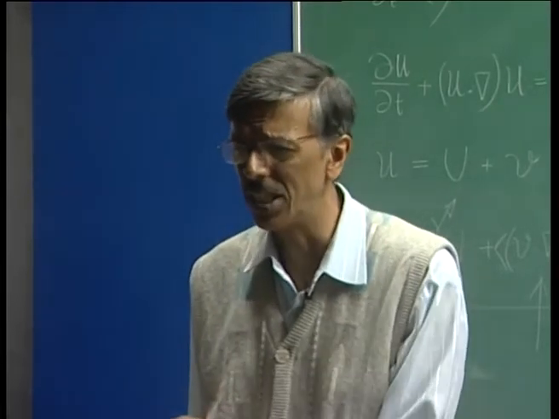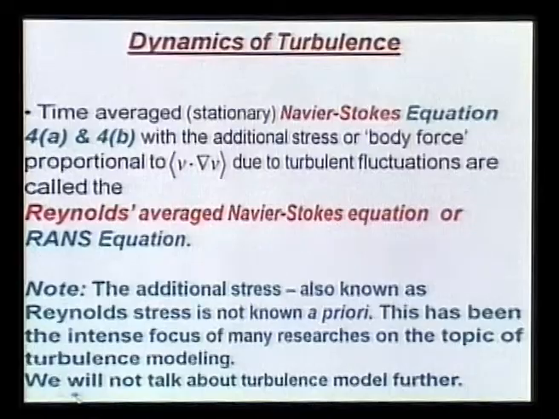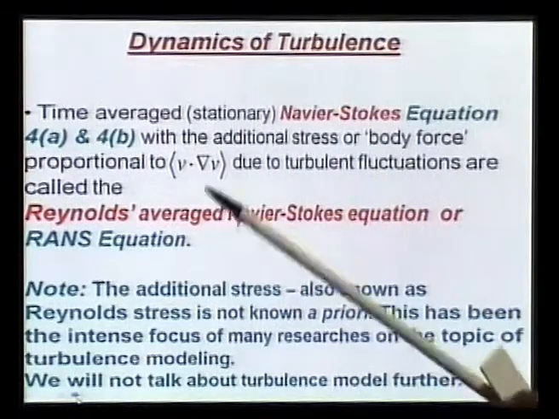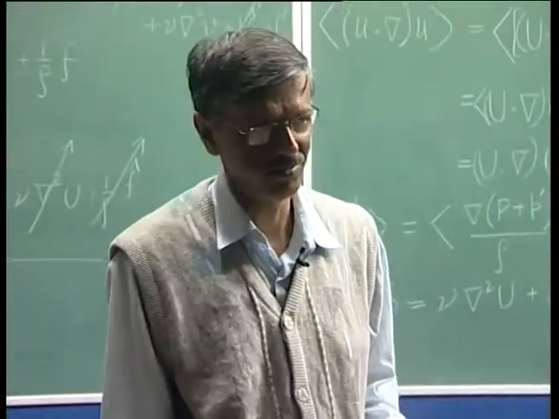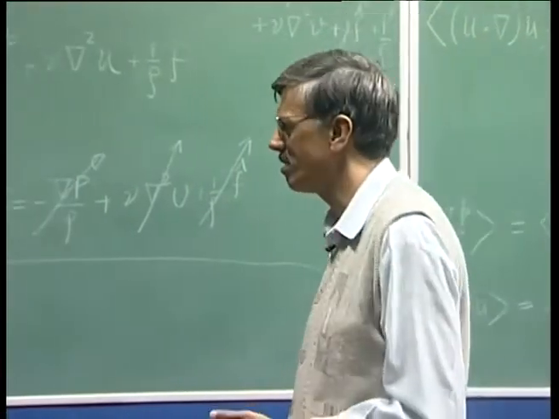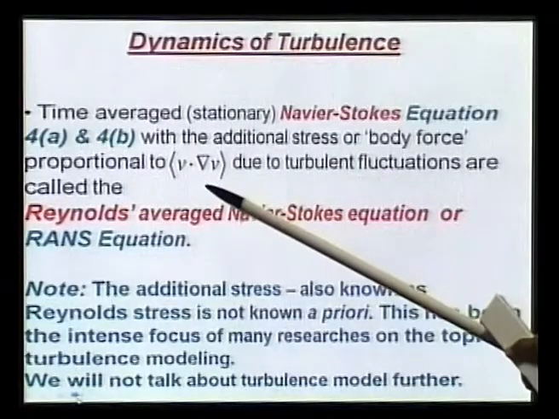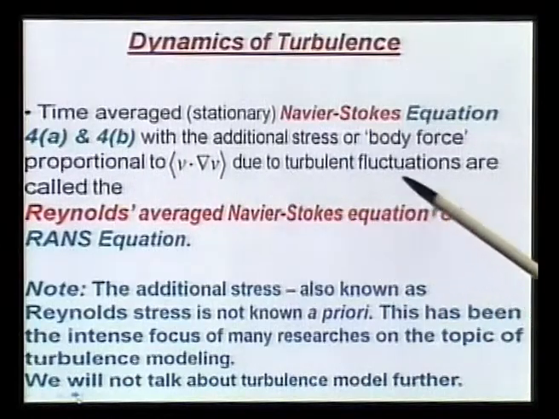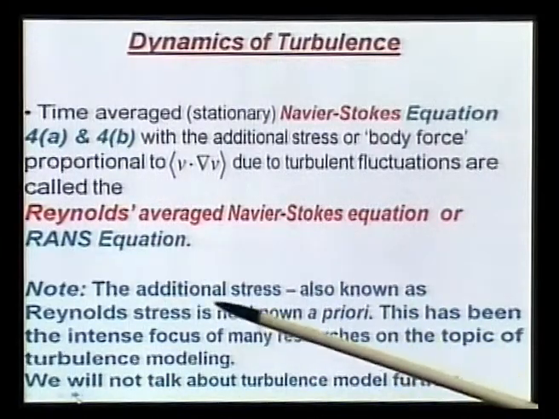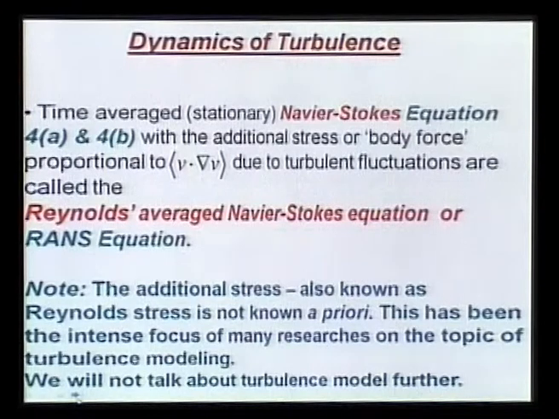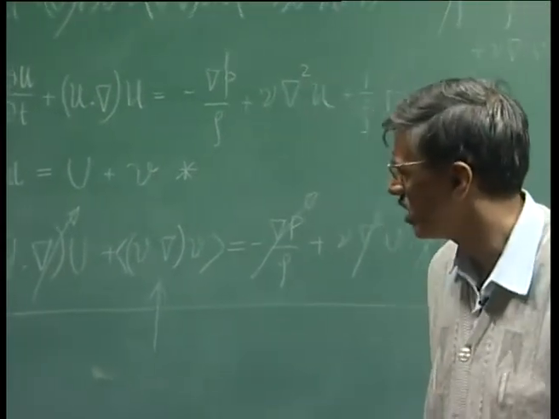So, here also we get this. This is nothing but a v_i v_j kind of term. So, these are some additional stress terms, or you could even visualize it as some kind of applied body force. So, you can term that as either an additional stress term or a body force term that arises due to turbulent fluctuations. This additional stress is known as Reynolds stress. So, this is what was originally suggested by Reynolds.